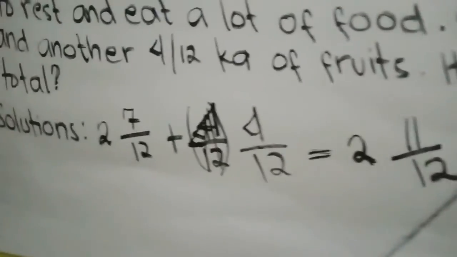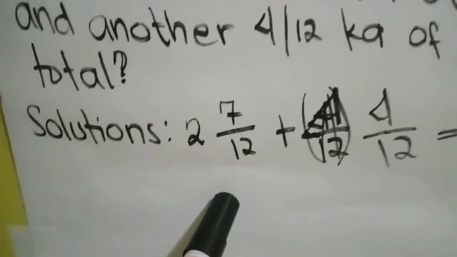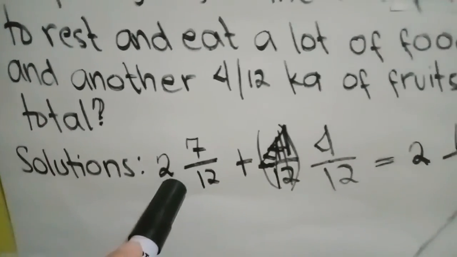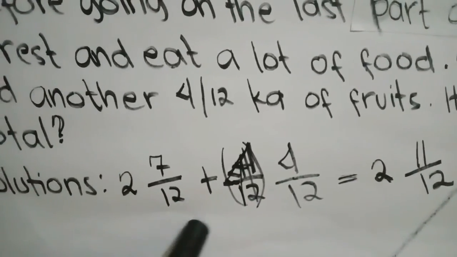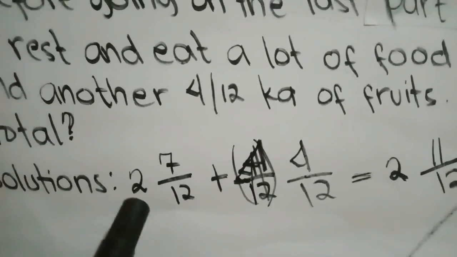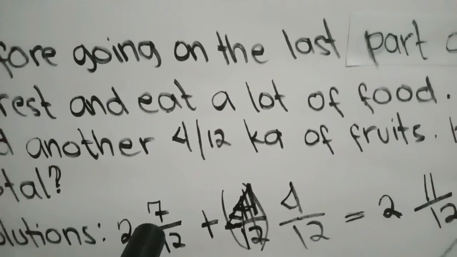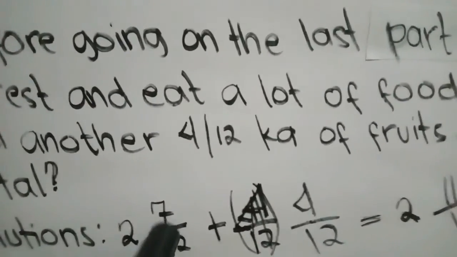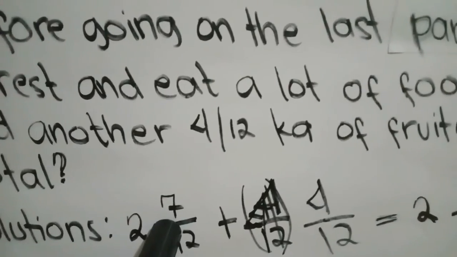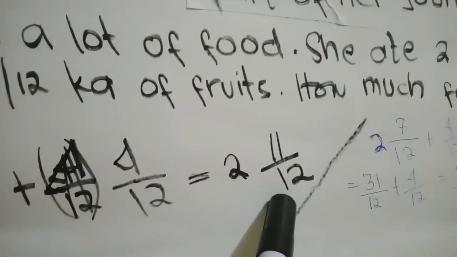The same din siya ng answer dito sa nauna, pero ang proper solution is this one. So, ito siya is, pwede din naman siya agad 2 plus 2, i-copy ang whole number and i-add ang numerator to numerator, then copy the denominator.